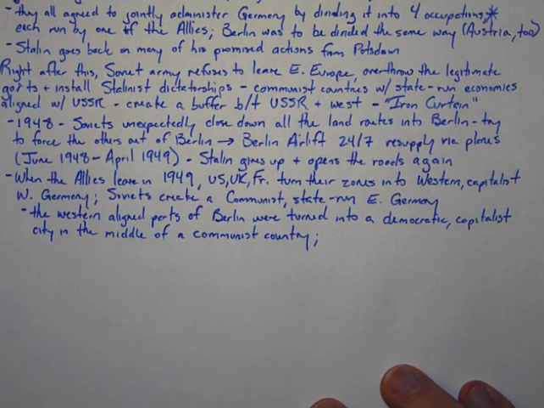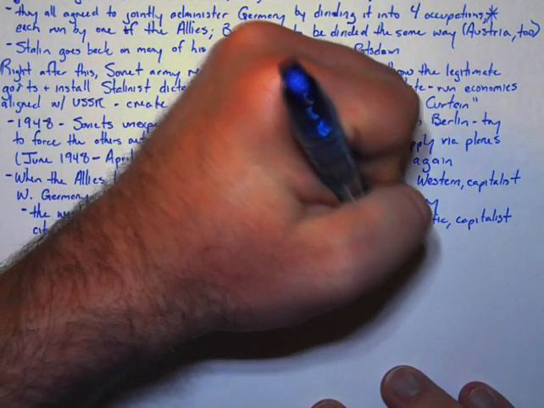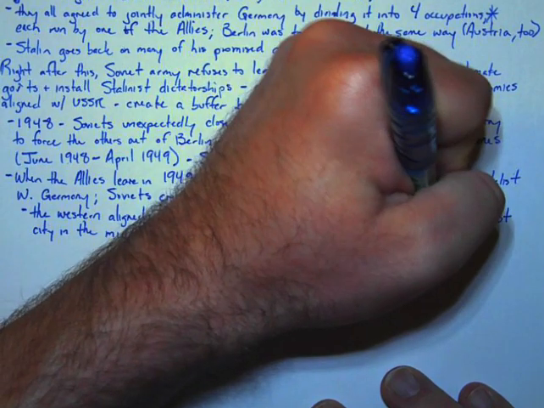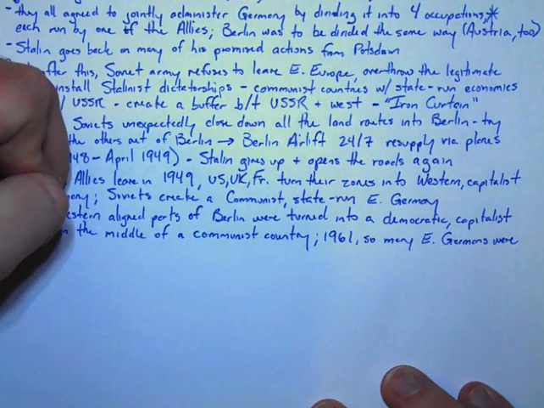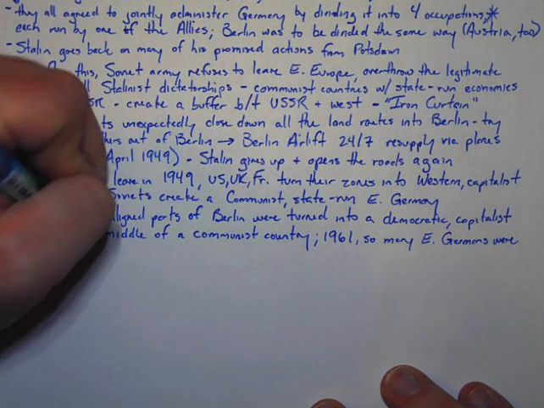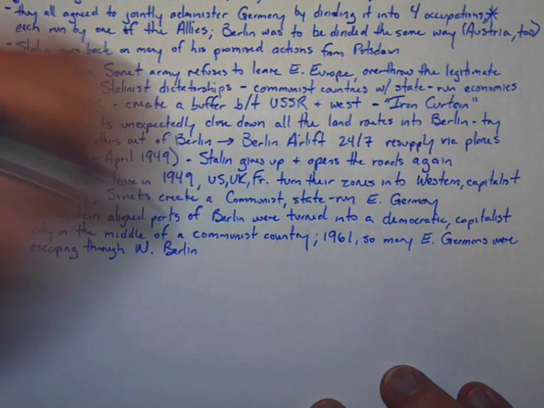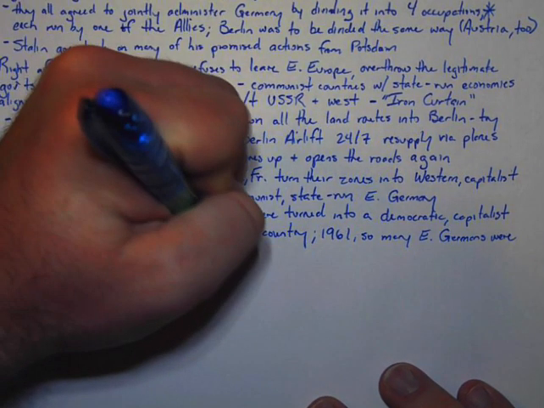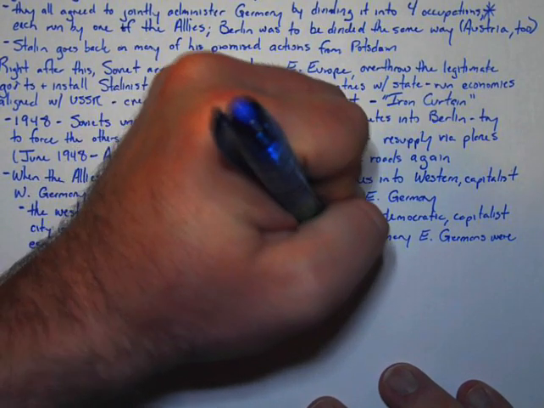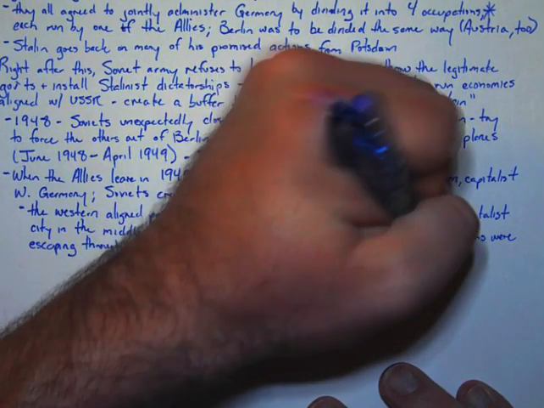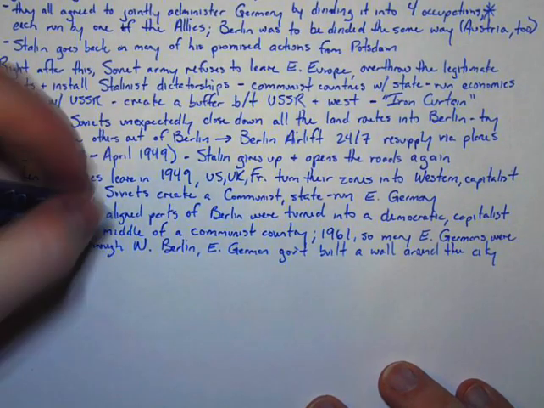And to just wrap that story up real quick, in 1961, so many East Germans were escaping through West Germany, or through West Berlin, that the East German government built a wall around the city to keep people in.